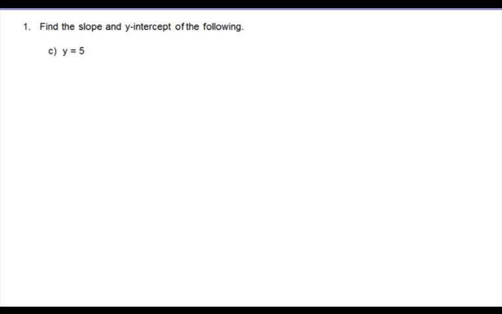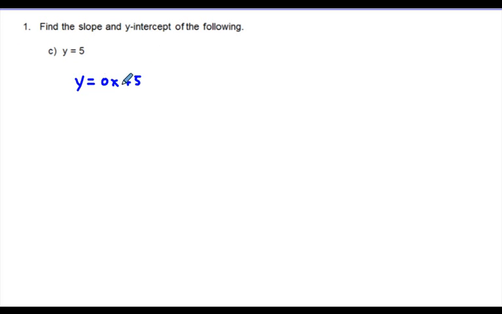Next, C, we have y equals 5. If we put this equation in slope-intercept form, we're going to have y equals, we do not have a coefficient with x here, so we're going to have 0x plus 5.